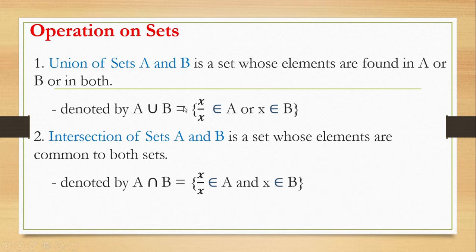Paano naman the operations on sets? So we have the union of sets A and B and the intersection of sets A and B. So pag sinabing union of sets A and B, it is a set whose elements are found in A or B or in both. Parang ganon. So denoted by A union B. So makita natin elements na yan, di ba?